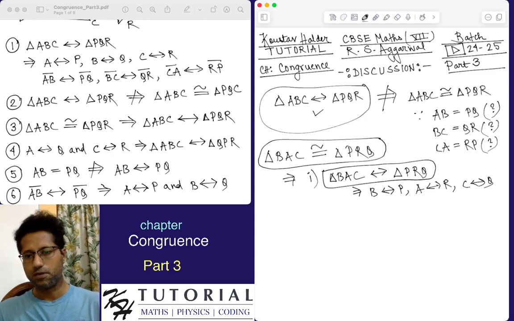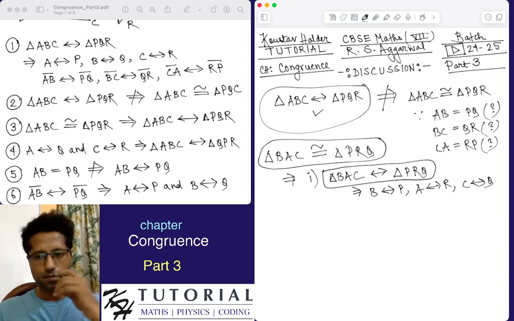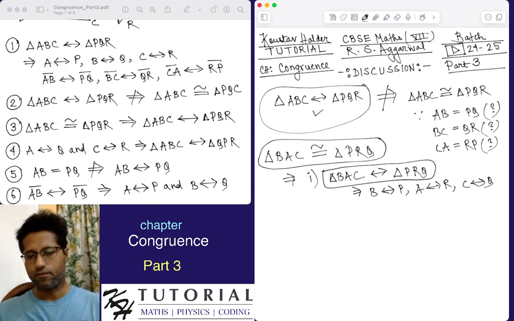So when congruence of two triangles is expressed, it automatically implies the correspondence, which is this.